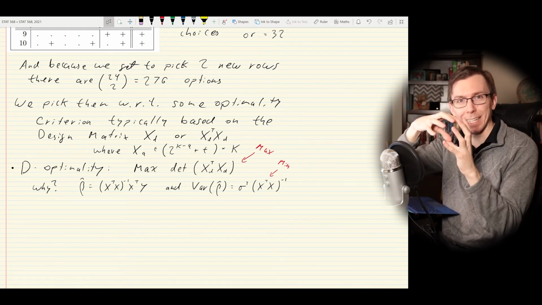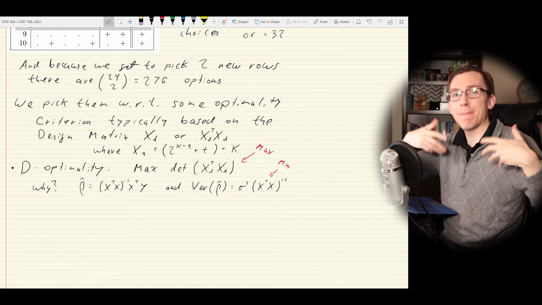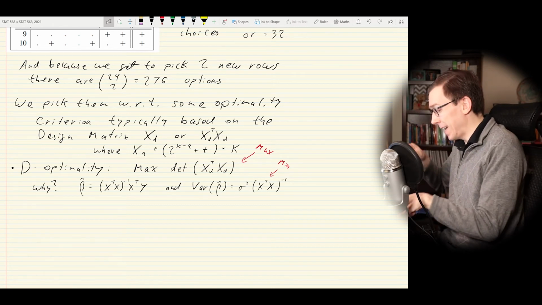And if we want to shrink that ellipsoid as much as possible, we want to maximize the determinant of x transpose x.